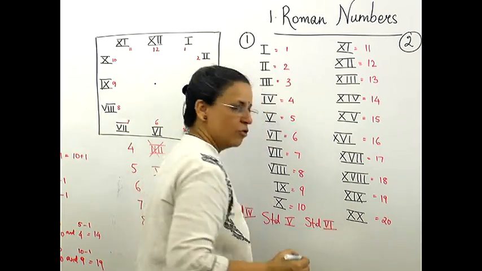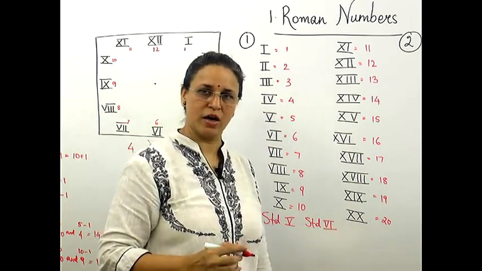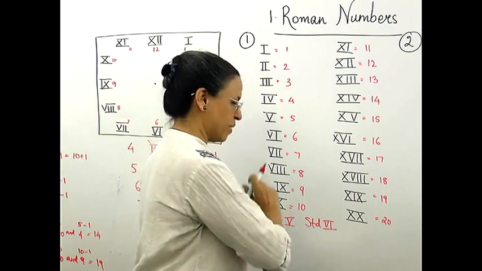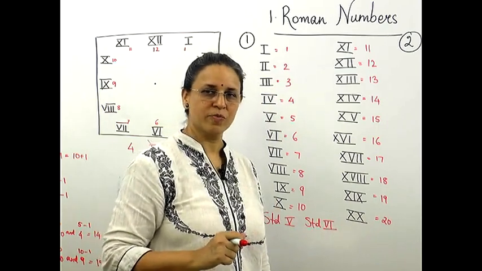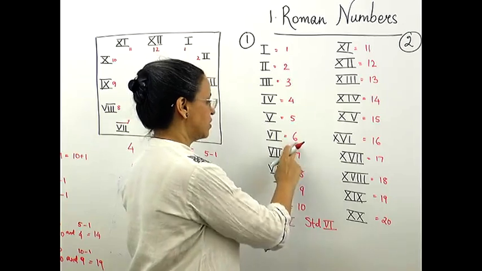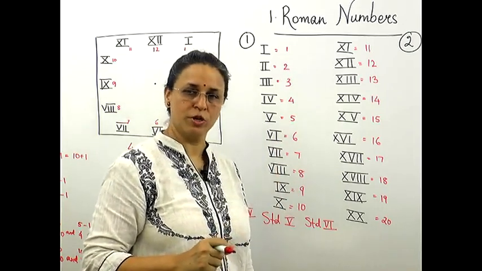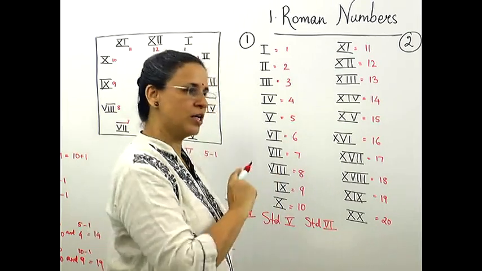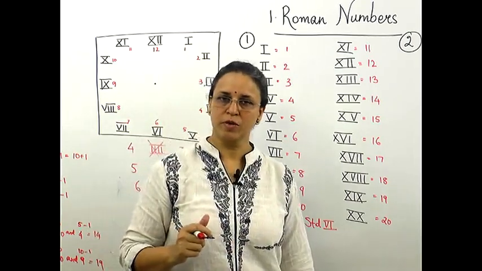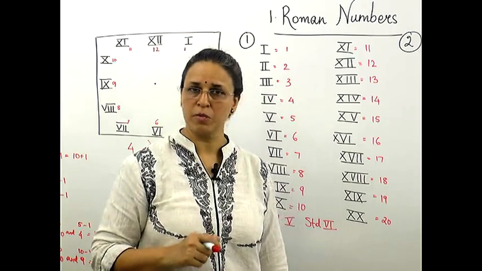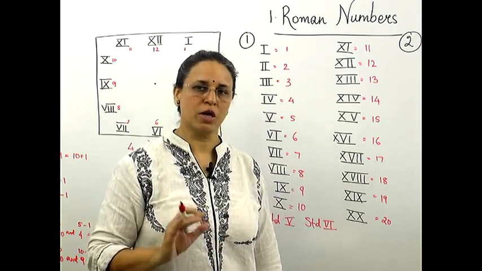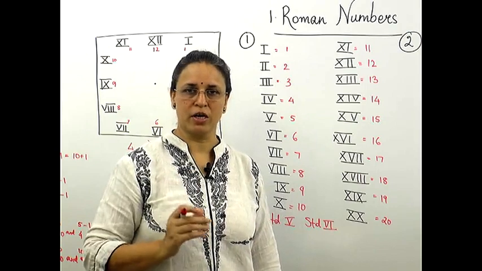So normally when we write which standard we are in, we always write it in this manner. Have you noticed? We don't write I am in standard 6 or I am in standard 5 in international numbers. We write it in Roman numerals. The clock here was in Roman numbers. Normally it is also in international numbers, but we still know how to read it.